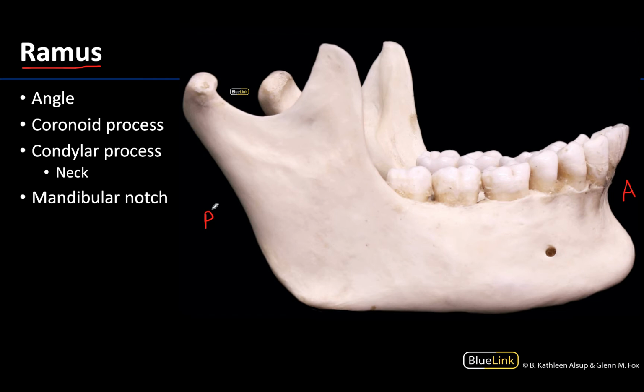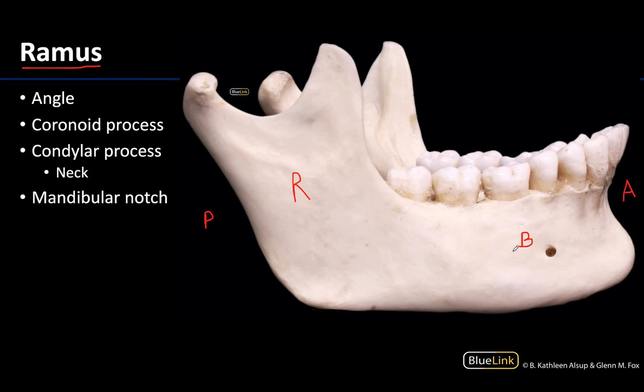And so if this is posterior, the ramus of the mandible, which is this vertical portion, will be more posteriorly located. The body of the mandible is going to be this horizontal portion. So ramus is vertical, the body will be horizontal.